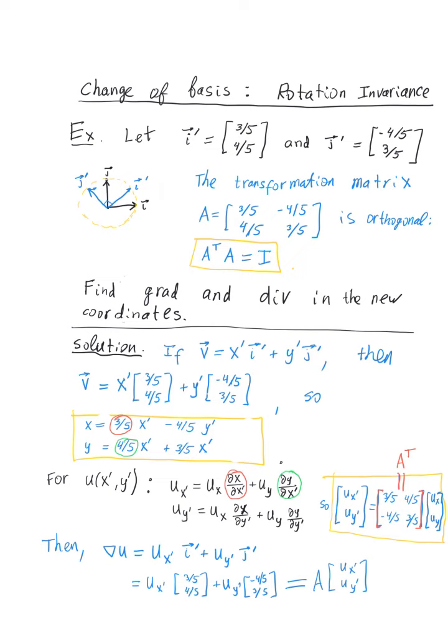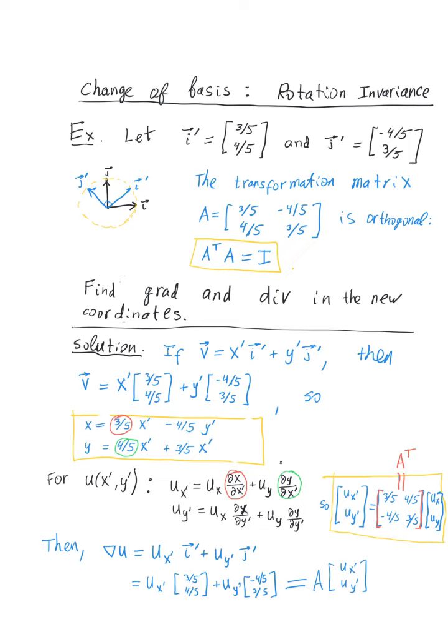Then the gradient of u in terms of the new basis is just the vector of new partial derivatives. Since we know how to express the new basis in terms of the old basis, we write this linear combination in matrix form.